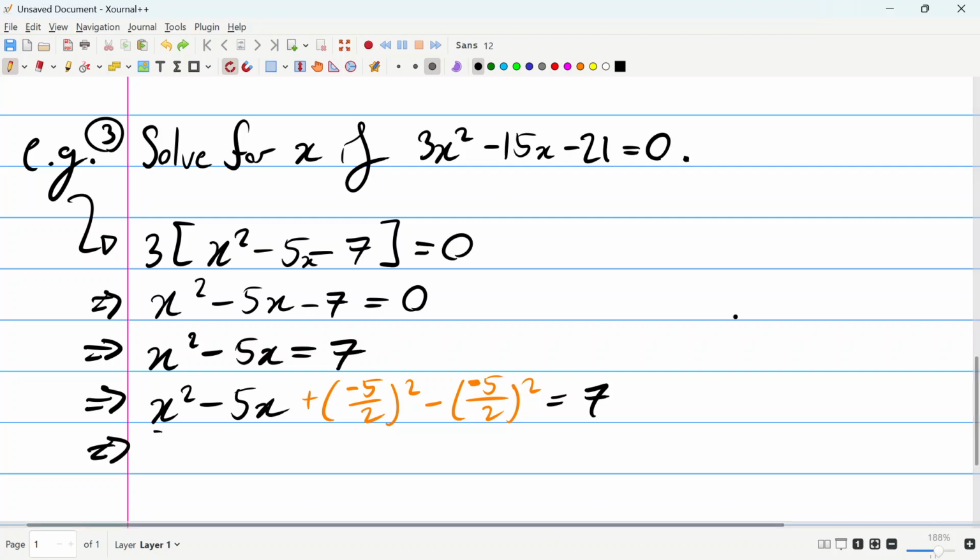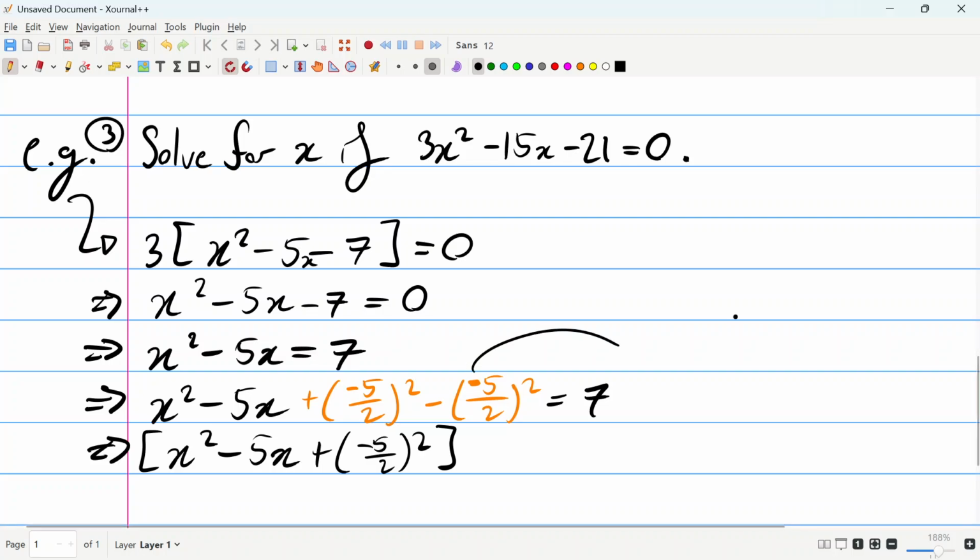So it's x squared minus 5x plus negative 5 over 2 squared, equal to 7 plus negative 5 over 2 all squared, which is basically just going to be 25 over 4.